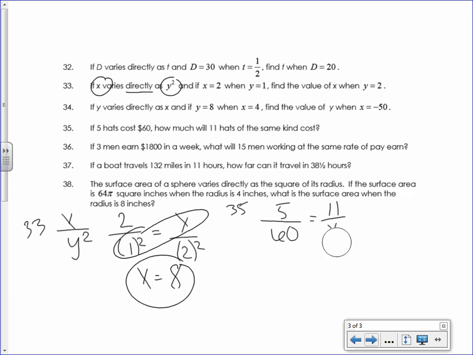And you can use X, you can use C for cost, whatever you want. Okay, so cross multiply, you're going to get 5C is equal to 660, divided by 5. So $132.